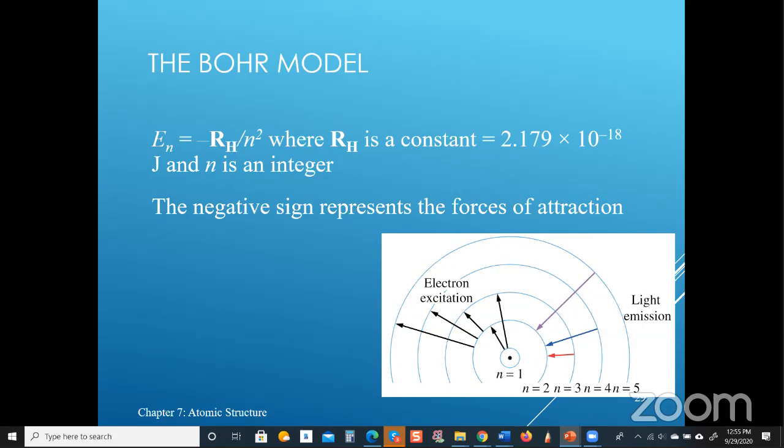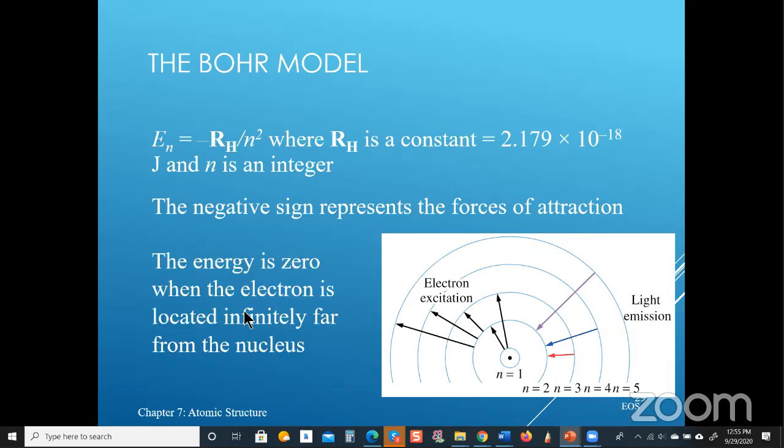So if you want to calculate the energy that is required to promote an electron, oh, and one thing I should say too, before I move on. The first energy level here is called n equal 1. Its energy level is the lowest. And then you have n equal 2, which is higher in energy, then n equal 3, and so on and so forth. All right? So as n increases according to this formula, En becomes smaller and smaller in magnitude, right? Because RH is constant.